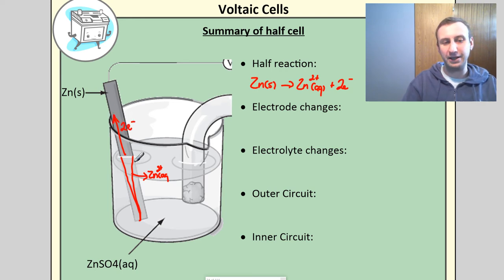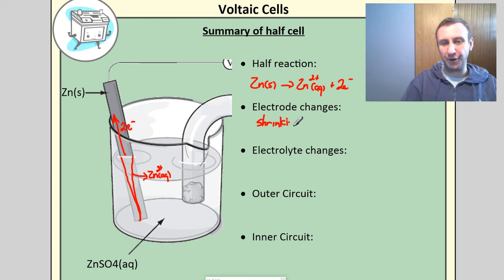So that is being lost from the solid zinc. I'm making Zn2 positive aqueous, and then these 2 electrons are going away, just like is seen in this half reaction here. So electrode changes.